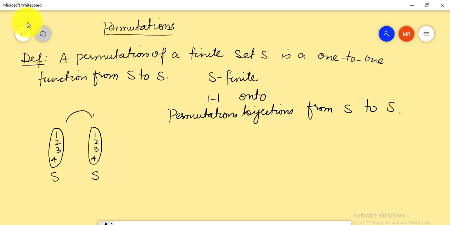Here is a mapping which is one-to-one from S to S and is defined in this way. 1 is mapped onto 4, 2 to 1, 3 to 2, and 4 to 3. And since we can see that F is a one-to-one mapping from S to S, it is a permutation.